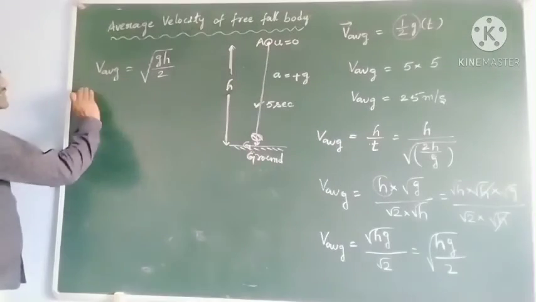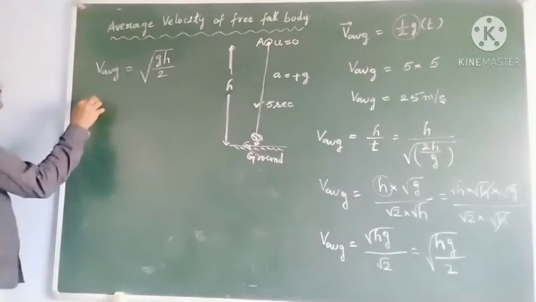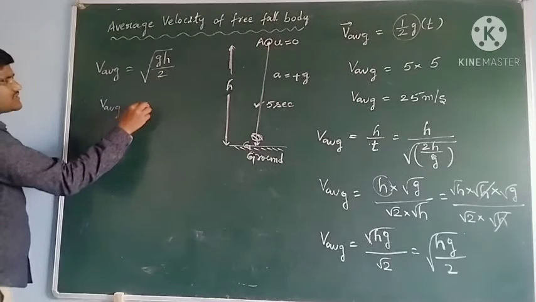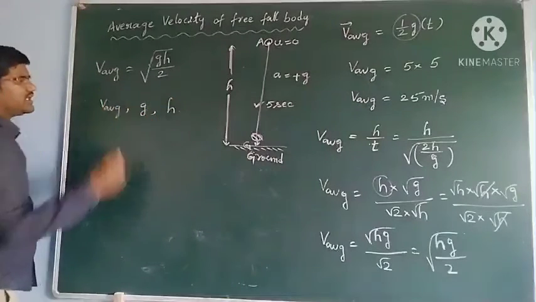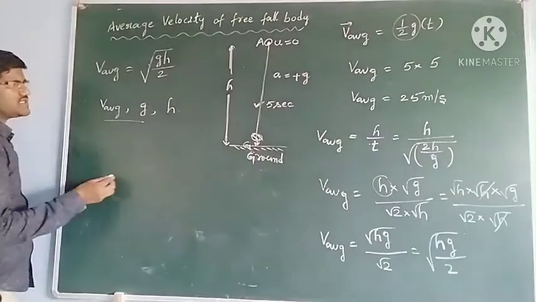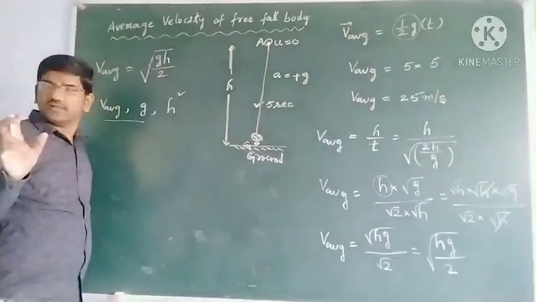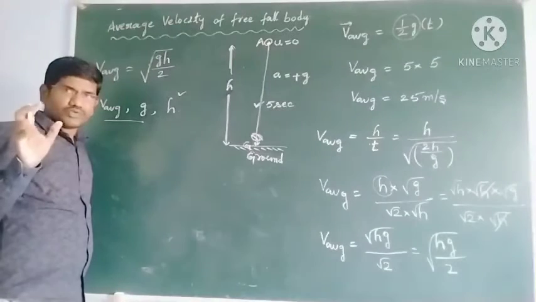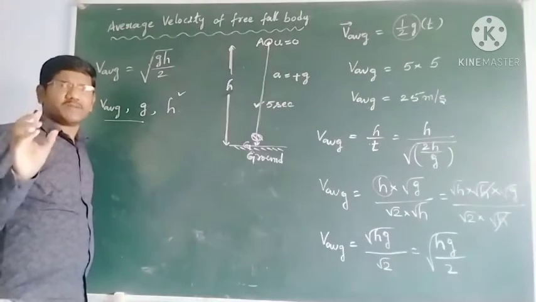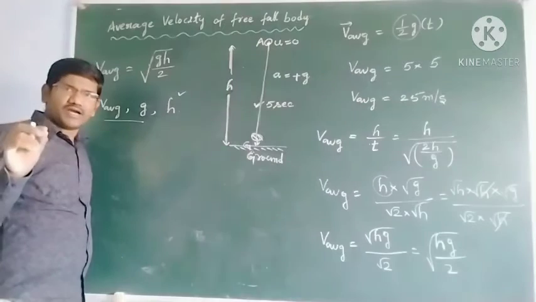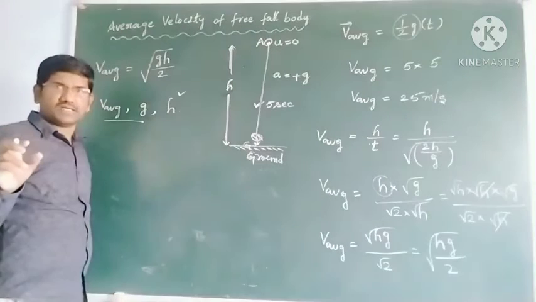So here you will see the number of variables we have. One is the average velocity, another one is g, and another one is h. If any two quantities are given, you can calculate the third quantity. The thing is, you should write the respective data given in the problem and which one you have to calculate, put a question mark for that.